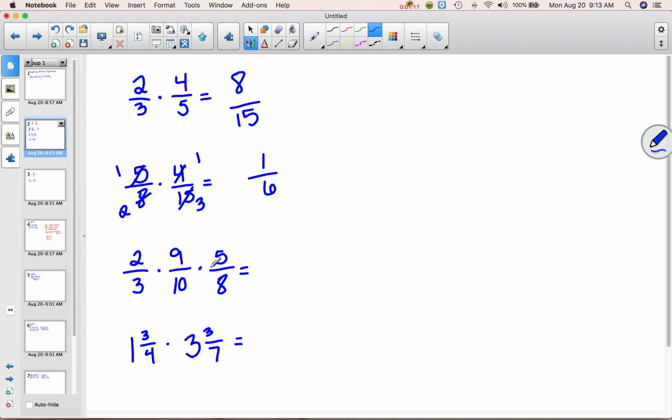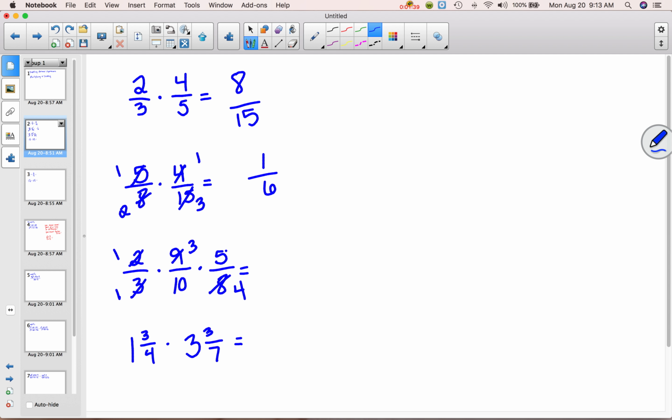Next one, it doesn't matter how many fractions you have, as long as you are looking for something in the numerator and something in the denominator. So for example, I could say, look at this 2 and this 8, and yes, I know I could have done the 10, but 2 goes into 2 once, 2 goes into 8 four times. The 3 and the 9, 3 goes into 3 once, 3 goes into 9 three times.